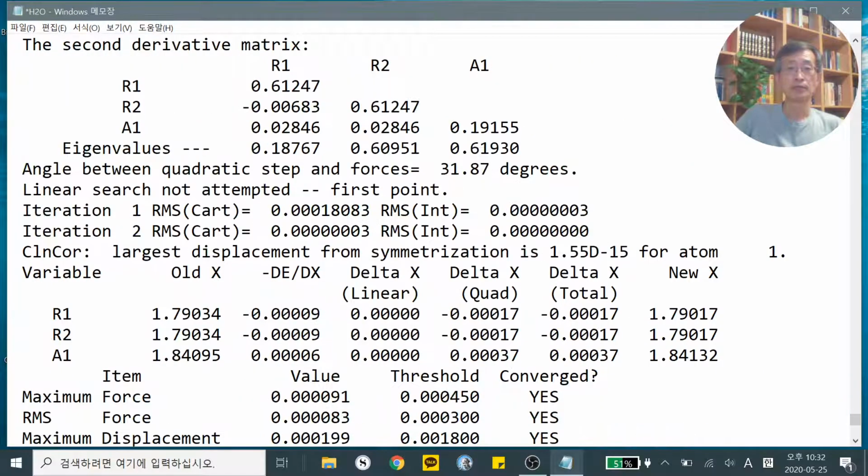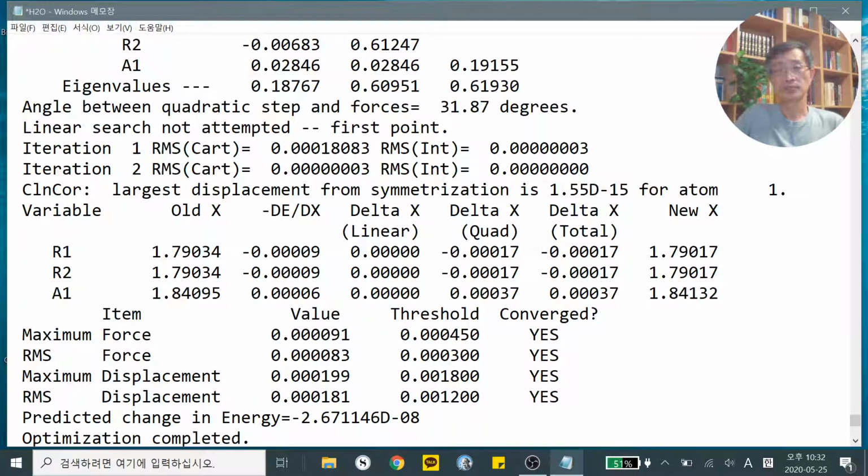Okay, so basically this is what you learn or obtain from the Gaussian output file.